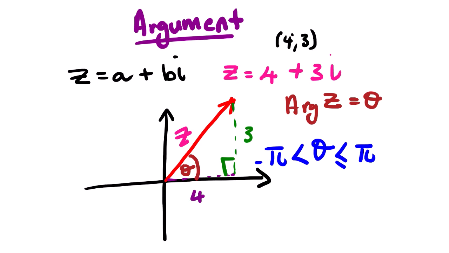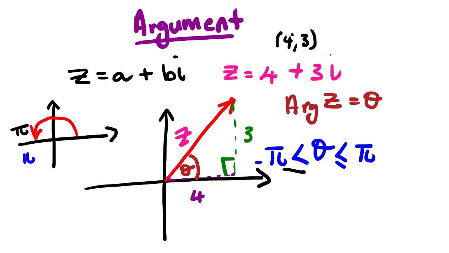Explaining this interval in detail, this will be our positive pi if we take this root, and it will be negative pi if we take this root. It simply means that we are going to have 4 situations.